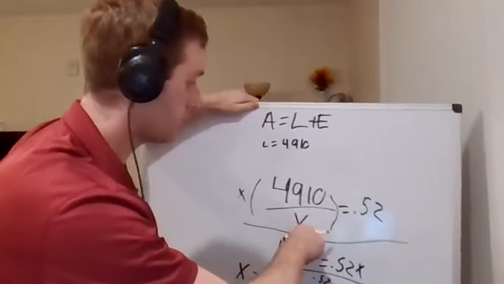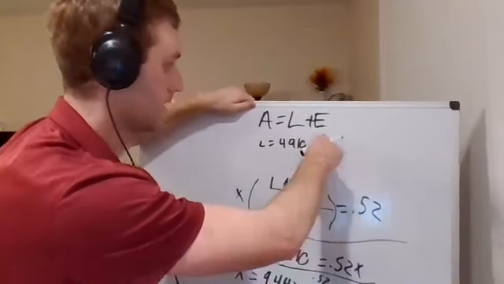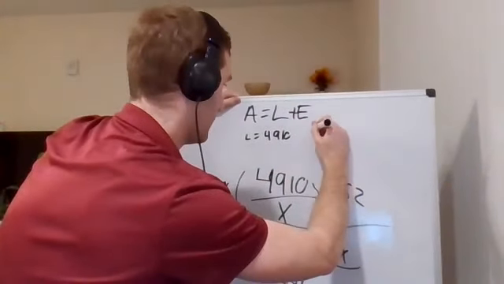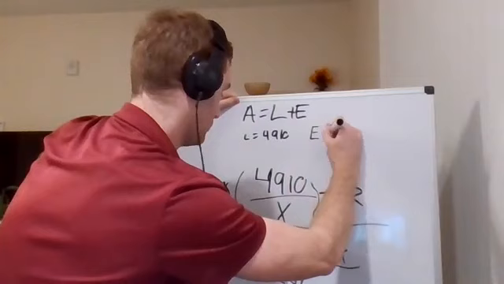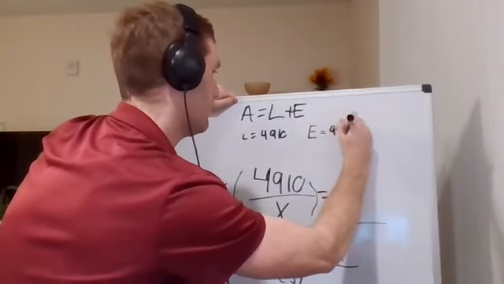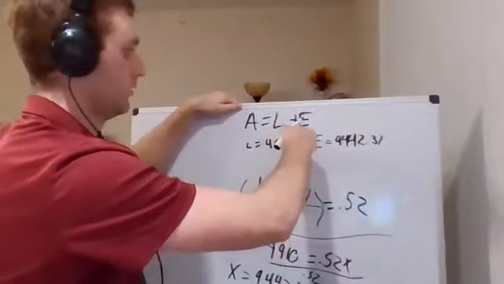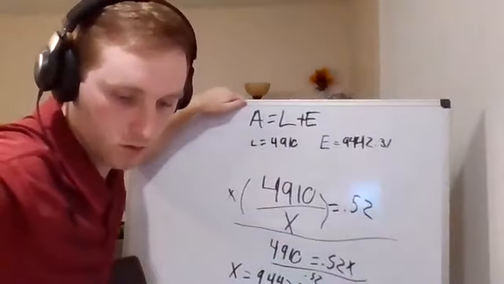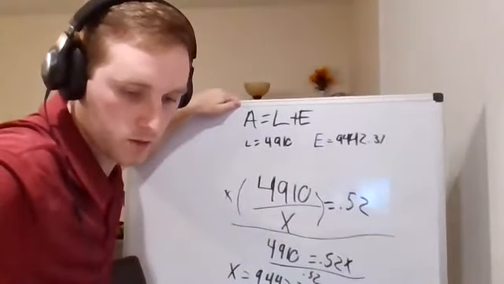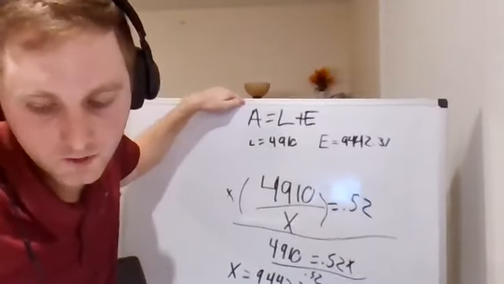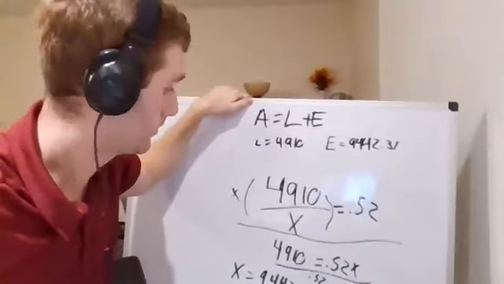When we go back to this equation, I know that X is my total equity, right? So that means equity equals 9,442.31. Then we just have our equation here. We add 4910, and that gives us 14,352.31.